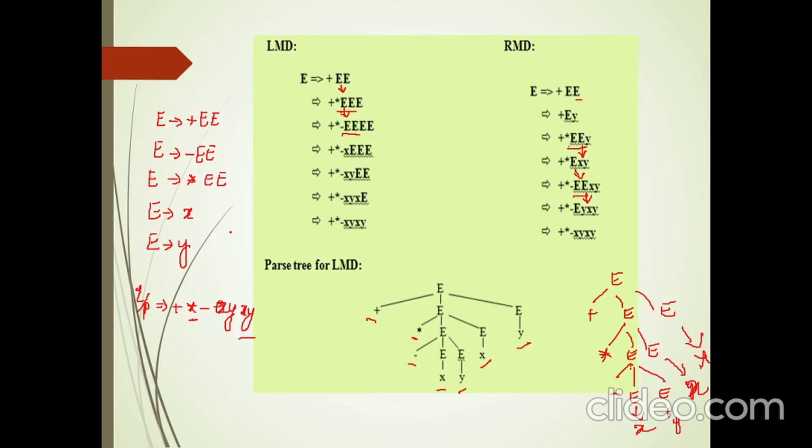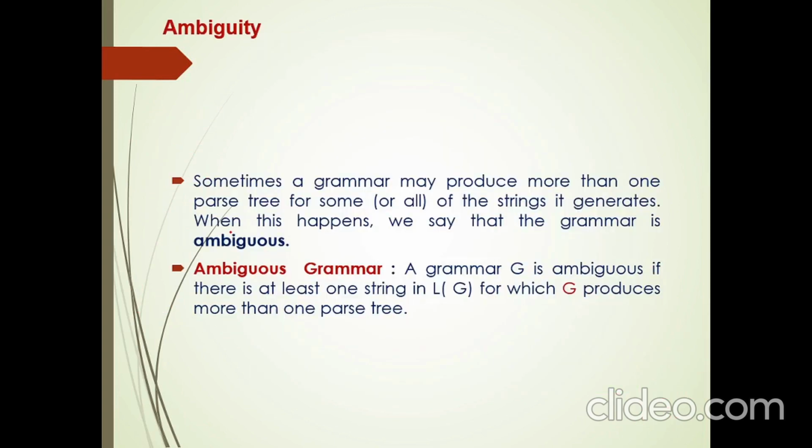Next we'll see one more problem on ambiguity. What is ambiguity? If a grammar can produce more than one parse tree for some or all of the strings it generates, then the grammar is ambiguous. If you can get more than one leftmost derivation or more than one rightmost derivation for the same input, then such a grammar is ambiguous.